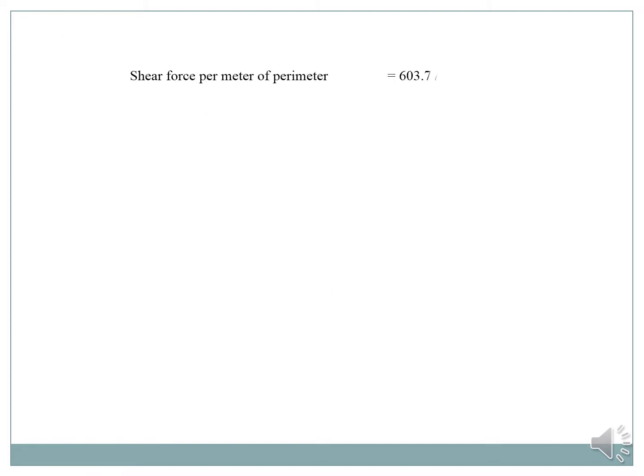Then shear force per meter of perimeter. The perimeter is column head diameter plus effective depth. So 603.7 divided by column head diameter 1.5 meter plus effective depth 0.27, because 270 mm. So shear force per meter is equal to 340.66 kilonewton.